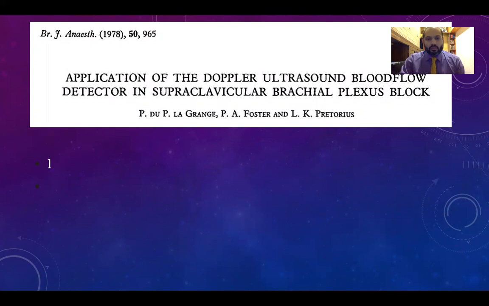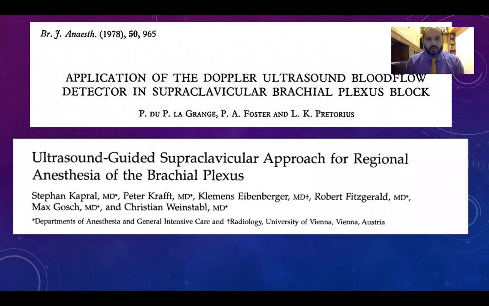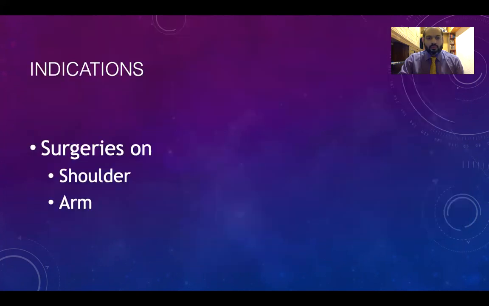But it took almost 16 years when a study group from Vienna, spearheaded by Stephen Kapral, published their study as ultrasound guided supraclavicular approach for regional anesthesia of brachial plexus, in Anesthesia and Analgesia in 1994. And this really paved the way for ultrasound guided regional anesthesia and various blocks.